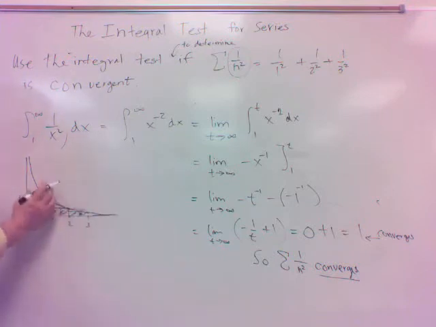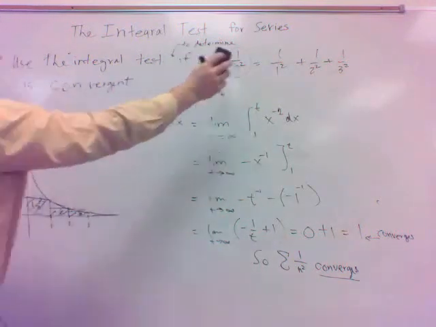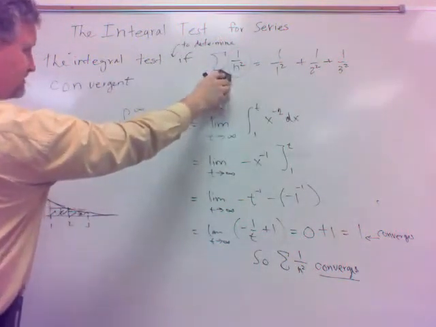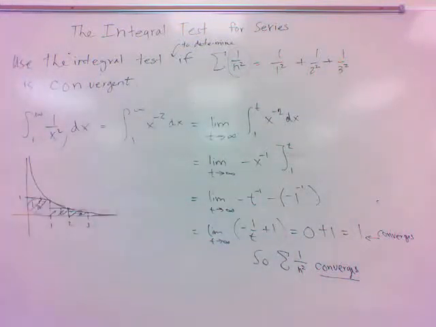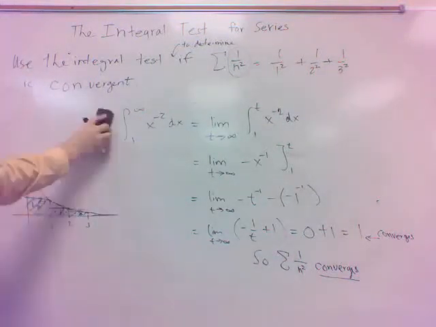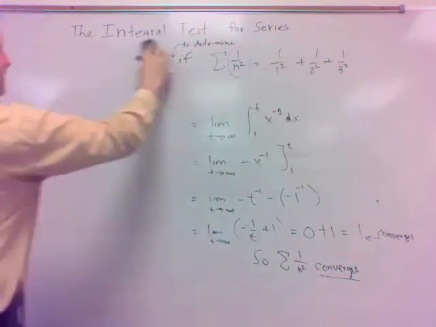So if this is 1 under the curve, then isn't the sum of the rectangles less than that? So they have to converge also. That's kind of what we're saying. All right. But anyway, of note, this series right here converges. That's a new series for us that converges, I think. I don't think we've talked about that one yet. We're going to talk a lot more about it here in just a second. Okay?